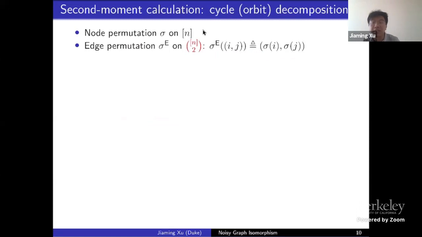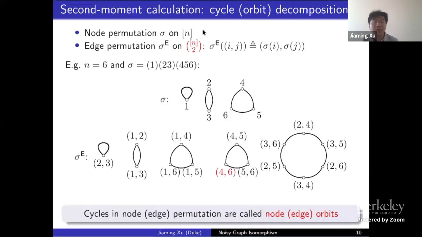In particular, sigma superscript E applied to ij is equal to the edge sigma(i), sigma(j). Now, let me give you an example to illustrate the cycle decomposition. Let's consider a simple case when n is 6 and sigma is given by the following cycle decomposition, where we have one fixed point, one 2-cycle, and one 3-cycle.